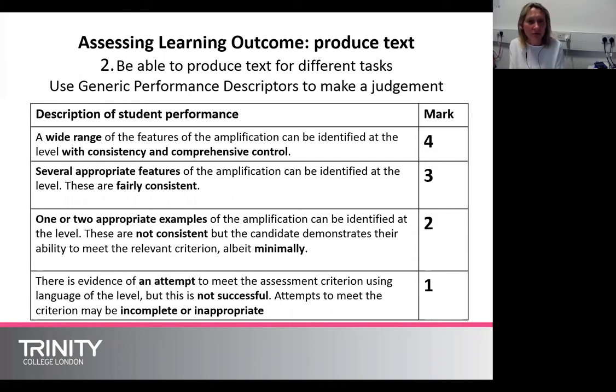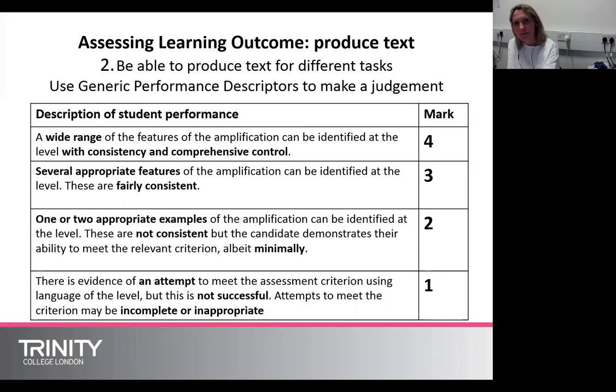If they've got several appropriate examples of punctuation appropriate for level 1, and they're using those fairly consistently, they would get 3 marks, and so on. So for each of the assessment criteria, we would use the generic performance descriptor to decide on how many marks they're getting.